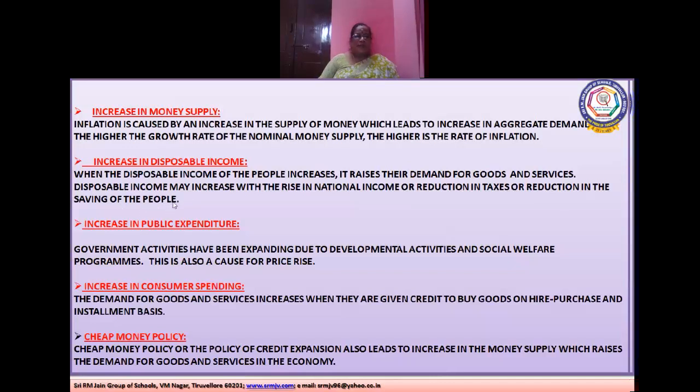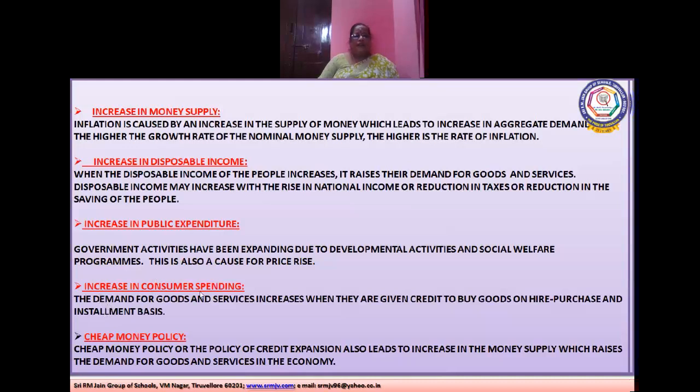Disposable income is nothing but the income which they are receiving after the deduction of the tax. Increase in public expenditure. Government activities have been expanding due to the developmental activities and social welfare programs. This also causes a rise in price level. So, increase in public expenditure.